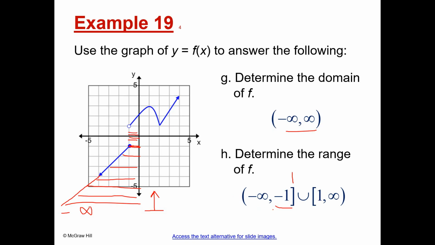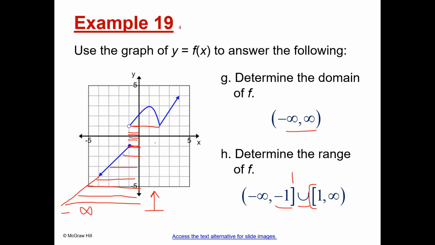So we're going to use union. Then the function starts again from here. But this one is excluded. This point is excluded. The publisher who prepared this made this a square bracket, yes, because he included this point. Why? Because y can be equal to 1, because you can see it over here.